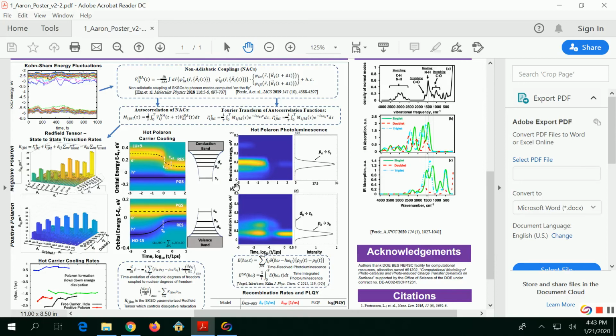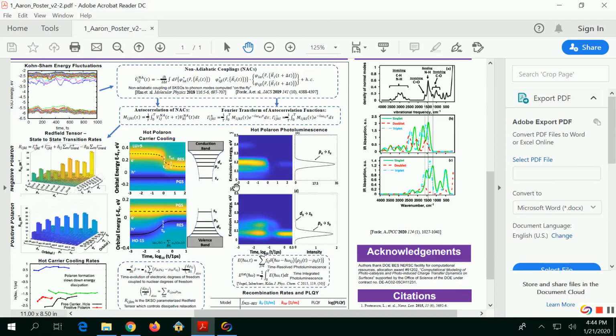The axis is log time. These bright spots indicate that there is intense photoluminescence from these states because it's cooling to the band edge. Once it gets to the band edge, that would be considered the photoluminescence. So this would be hot PL, and then photoluminescence from the band edge.